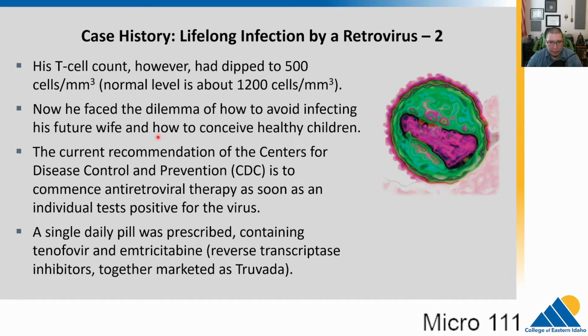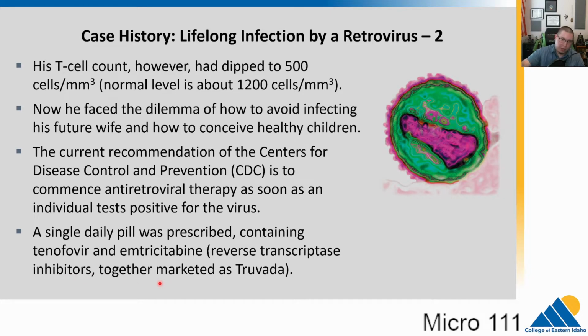The first thing is controlling the viral replication. The current recommendation is that as soon as someone finds out they're positive, to start antiretroviral therapy. In this case, it's going to start a dual therapy, tenofovir, emtricitabine. These are both reverse transcriptase inhibitors.